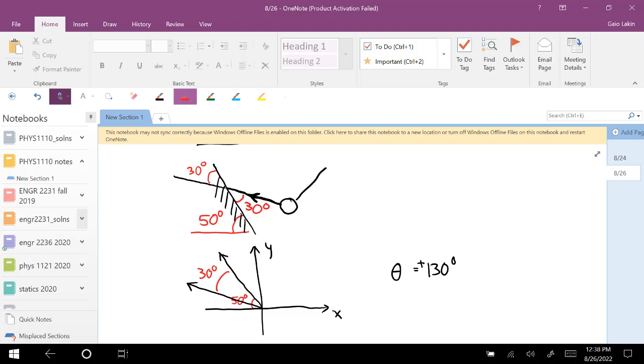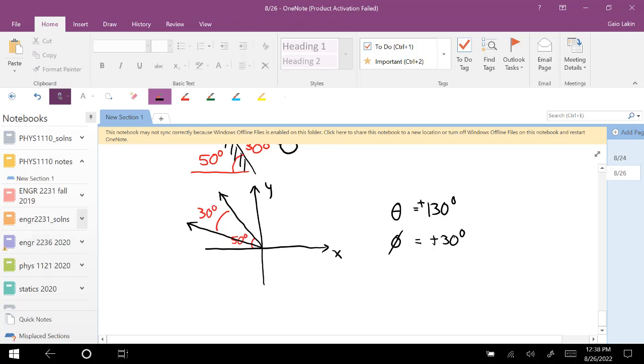Starting at that first vector, do we go counterclockwise or clockwise to get to our final vector? Counterclockwise. So our phi is positive 30. If it went clockwise, it would be negative 30.